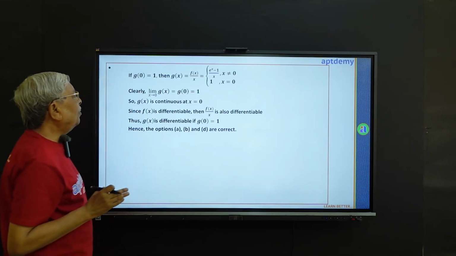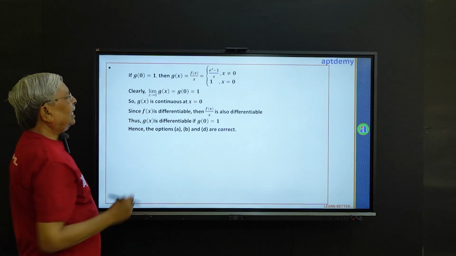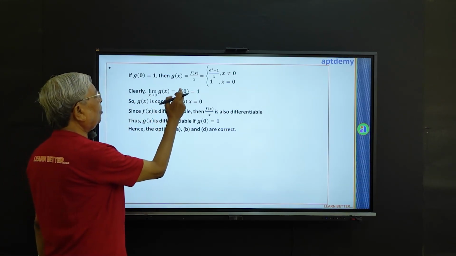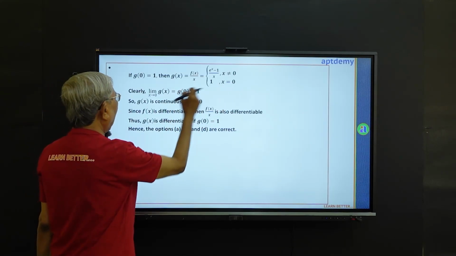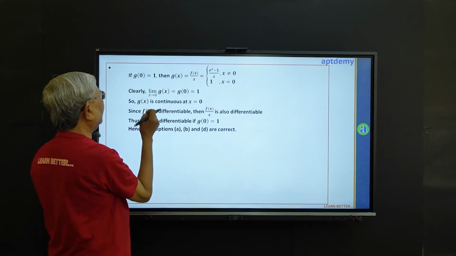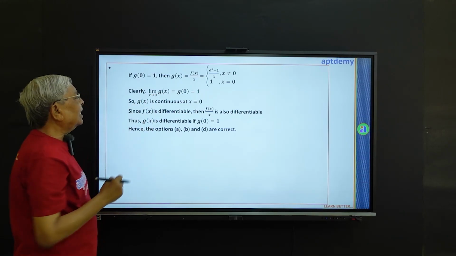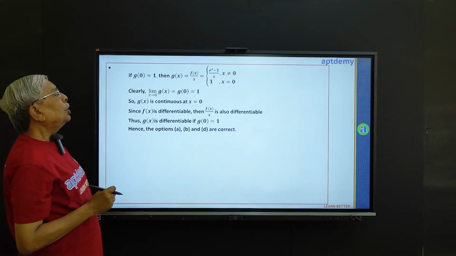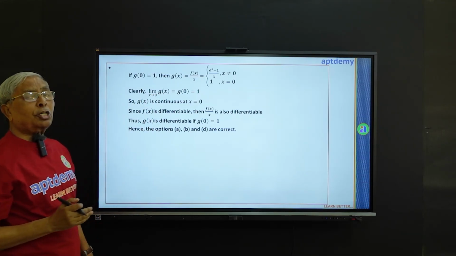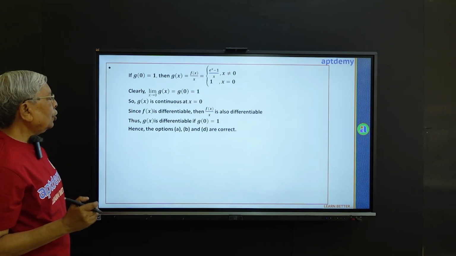So clearly limit x tends to 0 of g(x) equals g(0) equals 1, so g(x) is continuous at the point x equals 0.